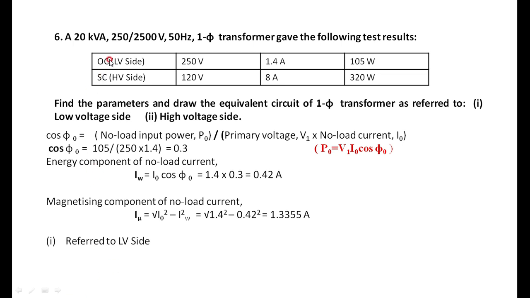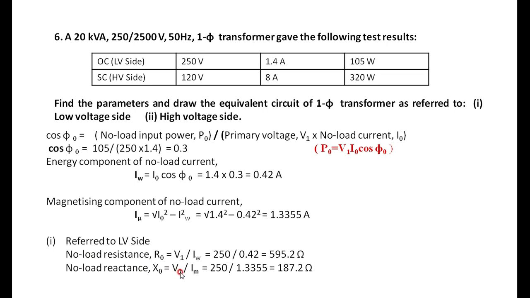The test is conducted on the LV side, which I am treating as the primary side, because 250 is the primary voltage. Therefore, referred to the LV side, R naught is V1 divided by IW, equal to 595.2 ohm, and the no load reactance X naught, the parallel combination of resistance and reactance, is V1 divided by I mu, which is 187.2 ohm. These are R naught and X naught from the LV side, which I am considering as the primary side.